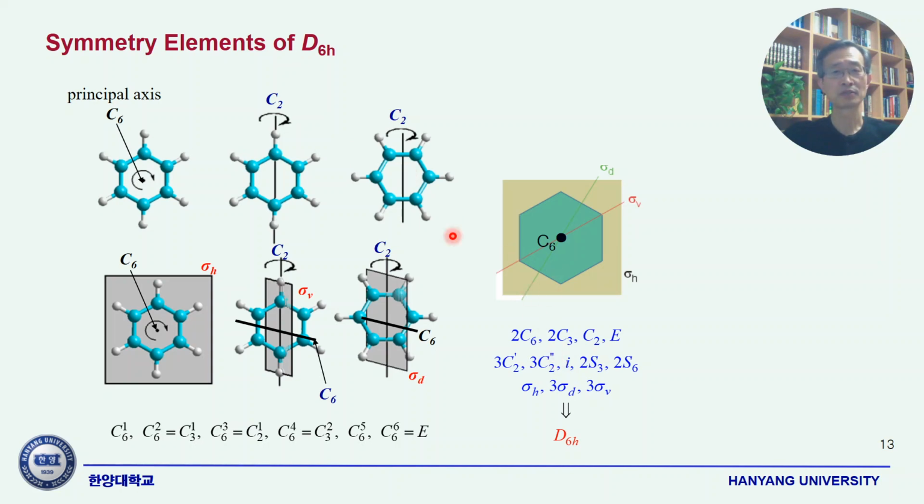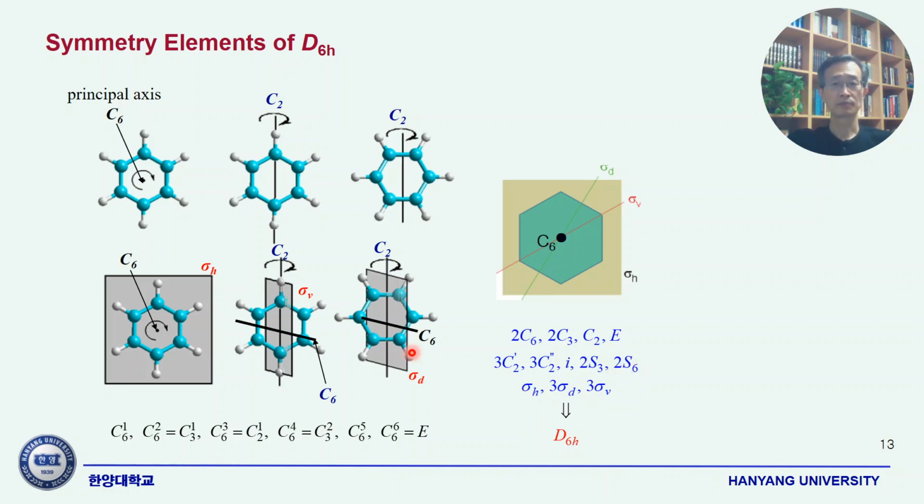And also, of course, there is an inversion center at the center of the molecule. And for example, this one has a horizontal mirror plane, sigma h. Then you will expect 2 S3, 2 S6.